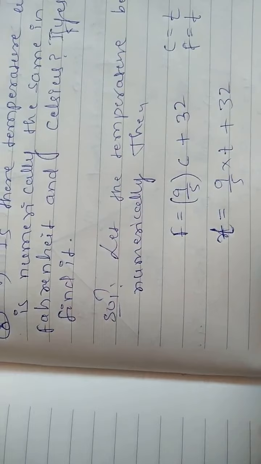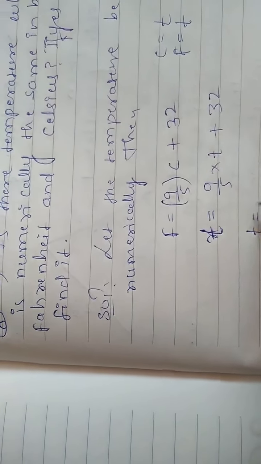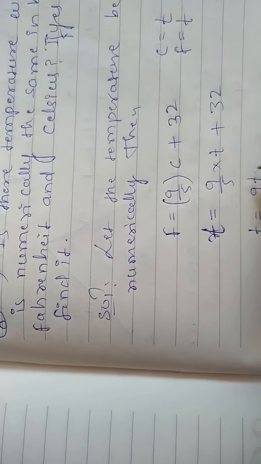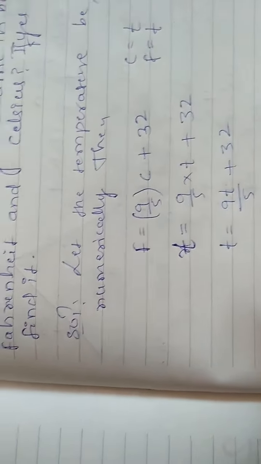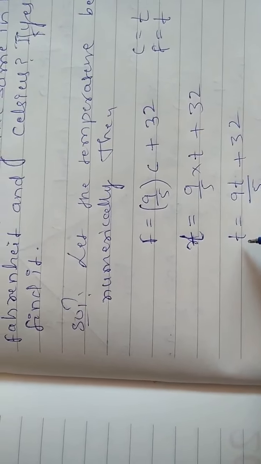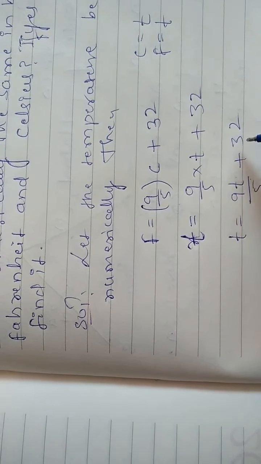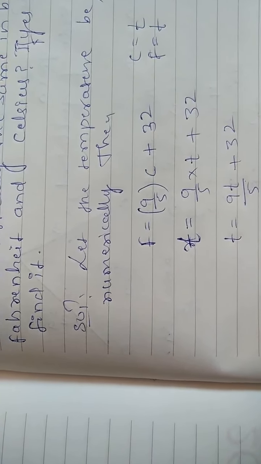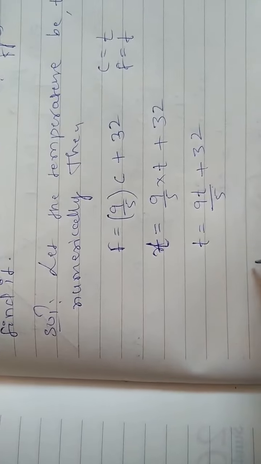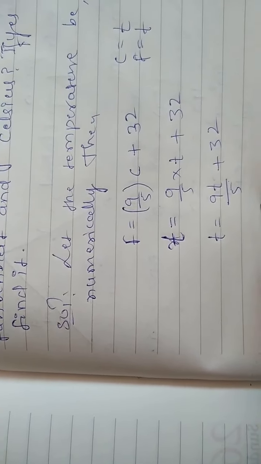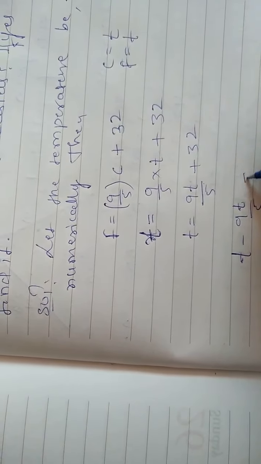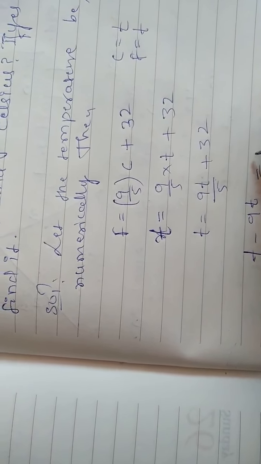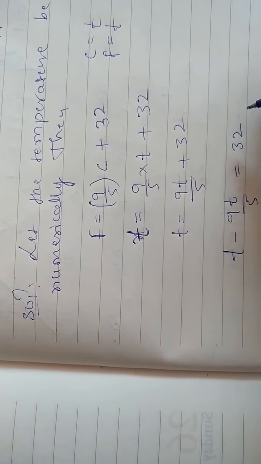So the next step: T is equal to 9 into T upon 5 plus 32. Correct, children? So you have to bring the T to the left hand side and the 32 to the other side. So T minus 9T upon 5 is equal to 32 as it is.